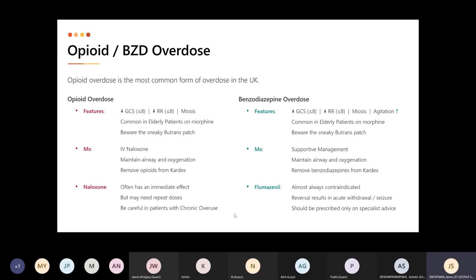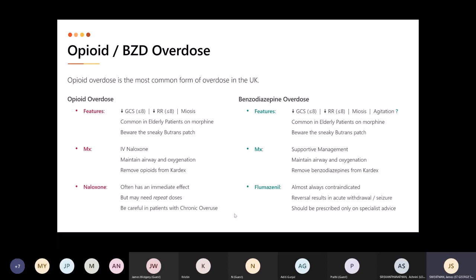Benzodiazepine overdose is pretty much the same. Remember, benzodiazepines can have a paradoxical effect: we often use them for sedation and to make patients more compliant with procedures, but they can make you much more irritated, agitated and delirious, so sometimes they come in fighting.